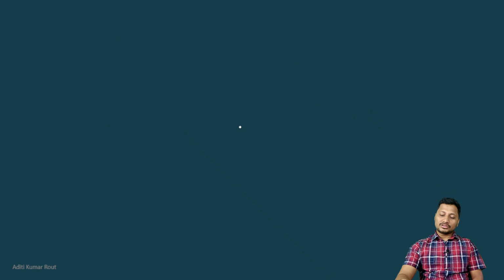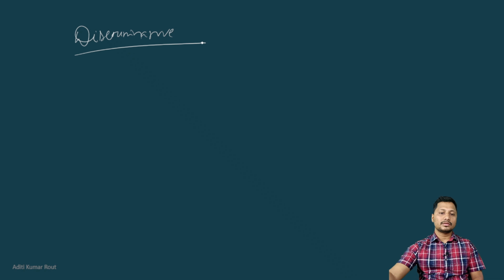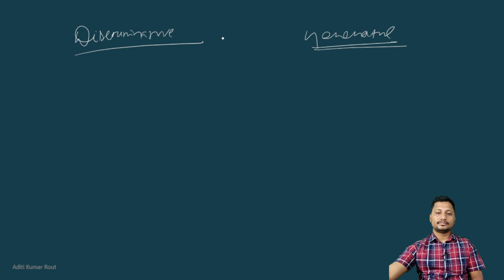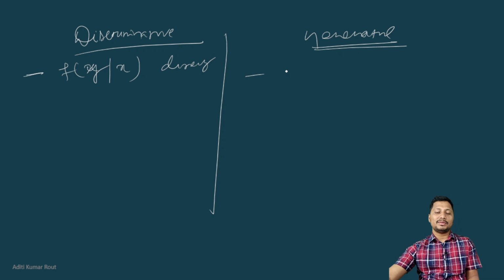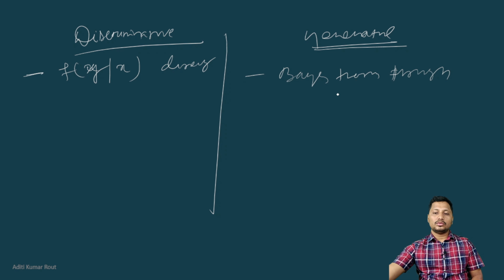So if I summarize everything, in the discriminative model we are always using the conditional probability y given x directly, but in the generative model we are using the Bayes theorem through the likelihood function, the likelihood probability.